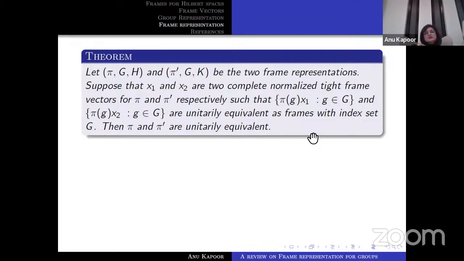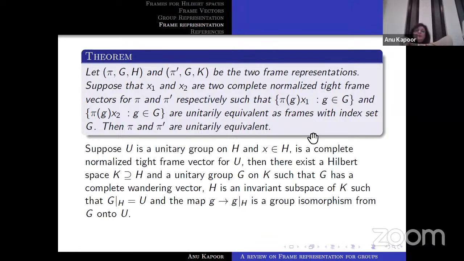Suppose that x1 and x2 are two complete normalized tight frame vectors for π and π' respectively, such that {π(g)x1} and {π'(g)x2}, g belonging to G, are unitarily equivalent as frames, where G is just the index set. Then π and π' are also unitarily equivalent. That means if the frames are equivalent, then the representations are also equivalent.